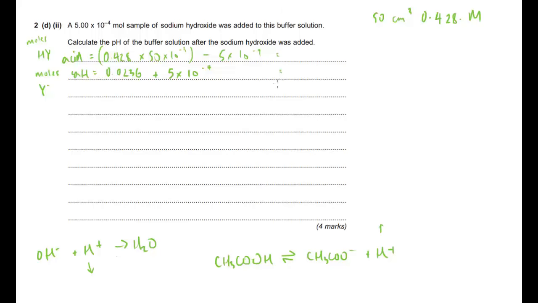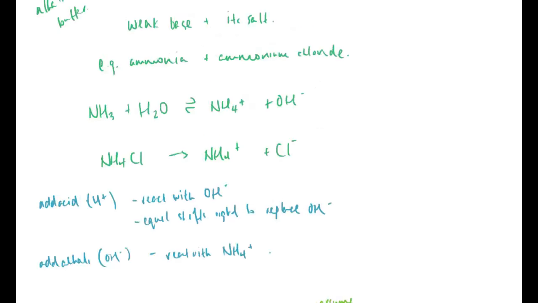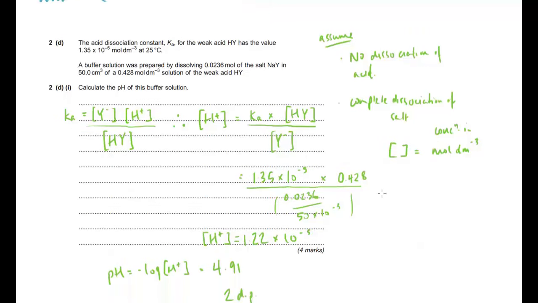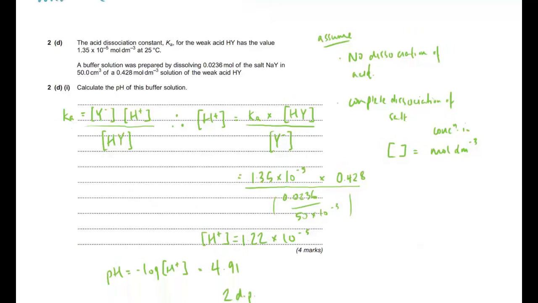And we end up with two values. We end up with a value of 0.0209, and we end up with a value of 0.0241. So two different values there. Now, I'm going to have to quickly look back down here because I need to see what the acid dissociation constant was. 1.35 times 10 to the minus 5.